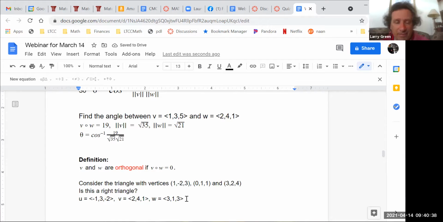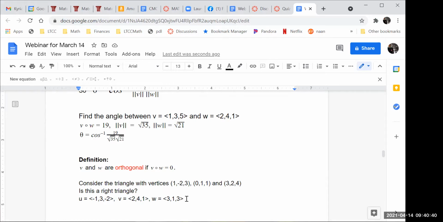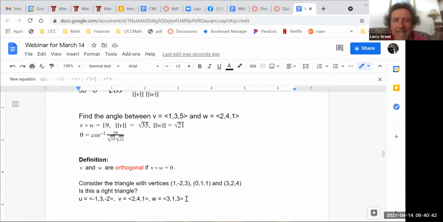What's the next step? Multiply and add. Not multiply and add. I take the dot product. Maybe that's what you're thinking, but take the dot product is what we want to say, because that's what the first half is all about. So we take the dot product, U dot V.